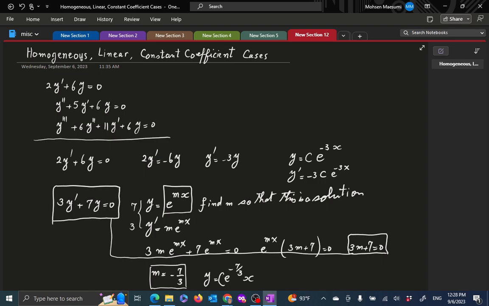Of course, there are going to be some additional details we have to watch out for, and the purpose of the lecture today is to go through all of these cases.